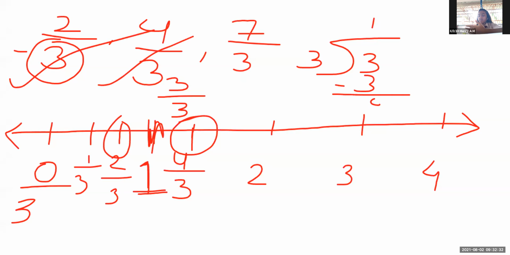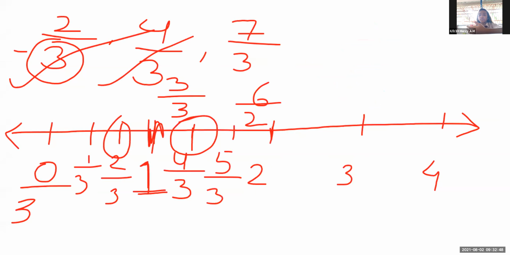But we will not jump directly. Next number is 5/3. Now here I have written 2. Why? Because it will become 6/3. Now if I divide 6 by 3, what should I get?